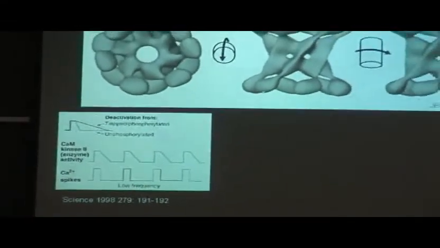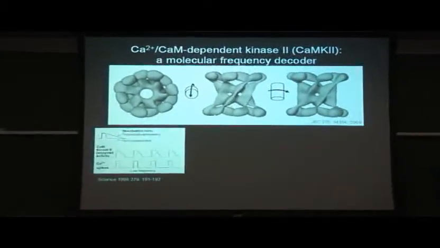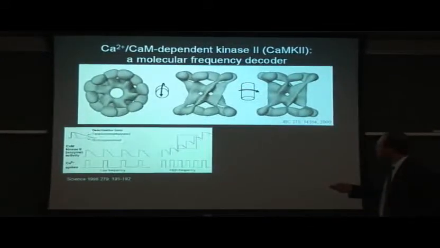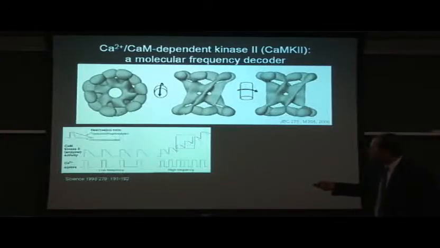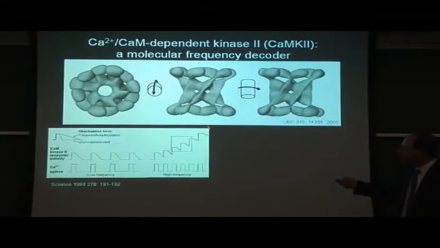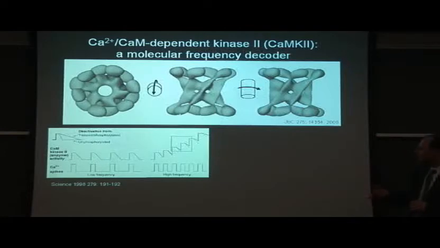But the kinase has an ability to essentially have a memory, so that if the spikes are close enough together, then the kinase does not have enough time to completely decay between spikes, and so you can have activity that will build up. And so in this way, the kinase is a perfect decoder of the frequency of calcium spikes, and so activity can then translate this increase in frequency to an increase in activity.